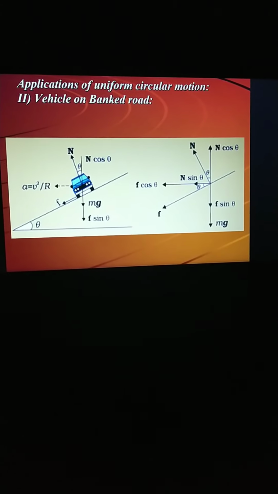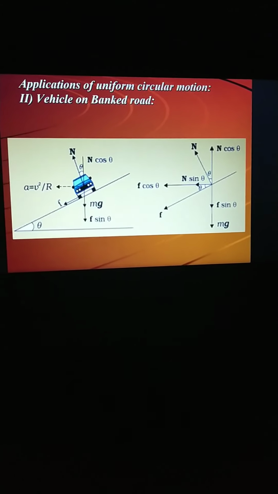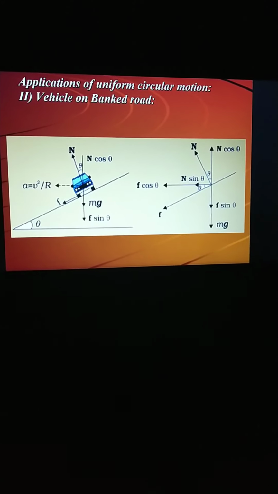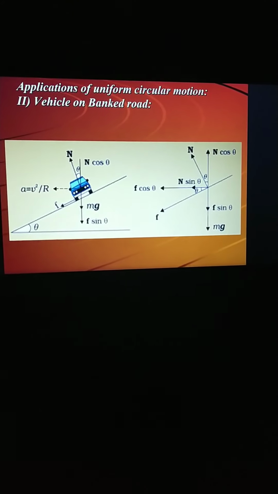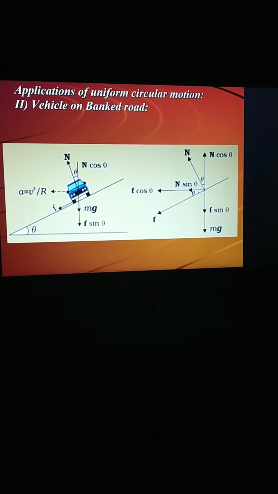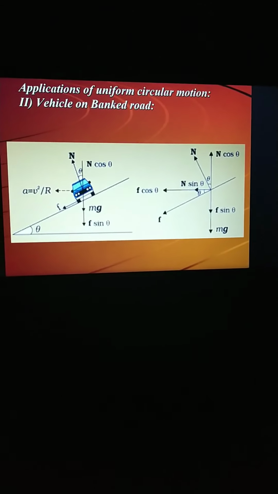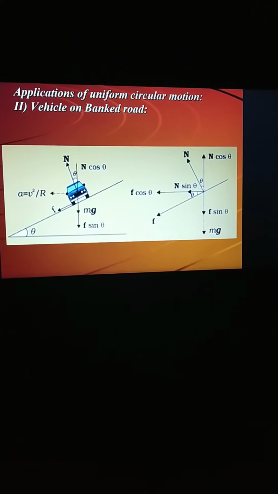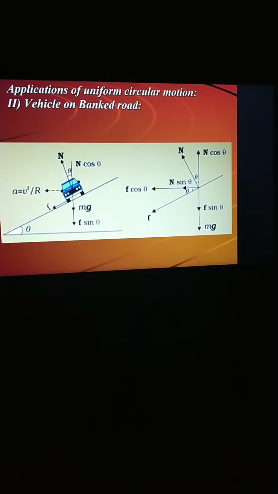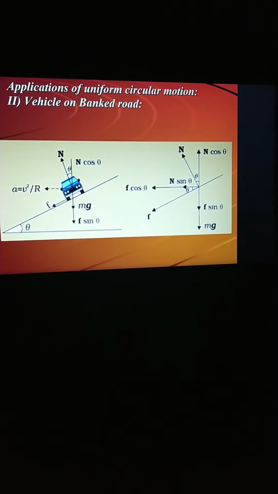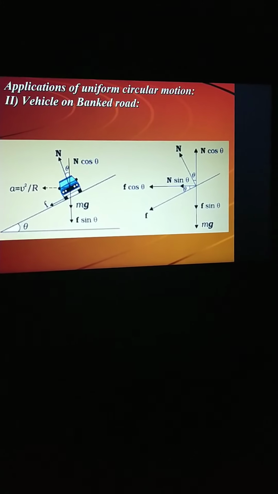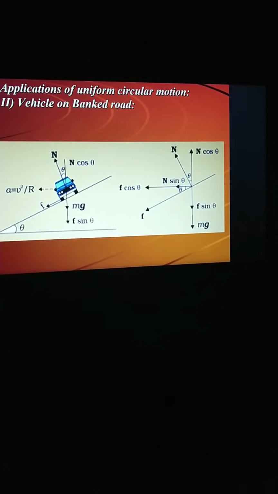Suppose we consider a vehicle on the banked road which has angle of banking theta. The weight of the vehicle, mg, is acting vertically downward. The normal reaction is normal to the surface of the road. Here the surface of the road is elevated by angle theta, so the normal reaction will be shifted by angle theta. So N is the normal reaction, perpendicular to the road surface.